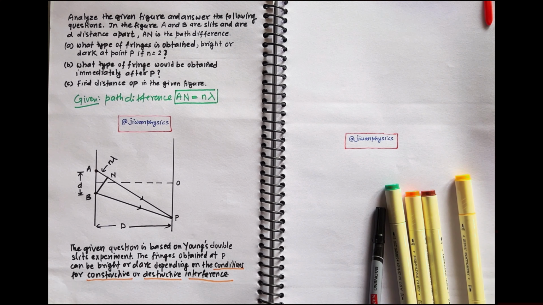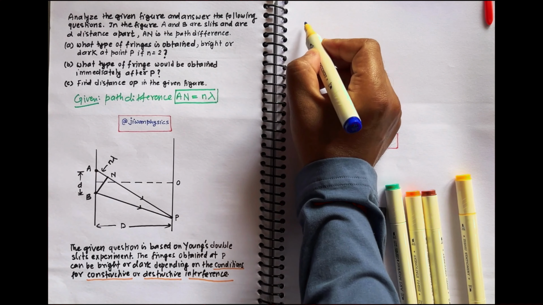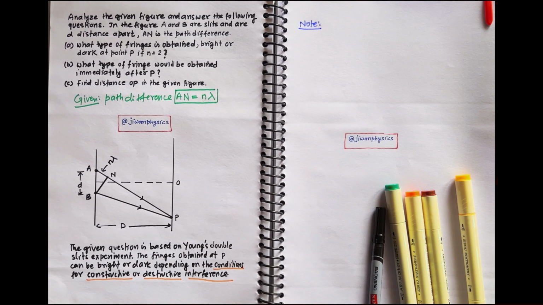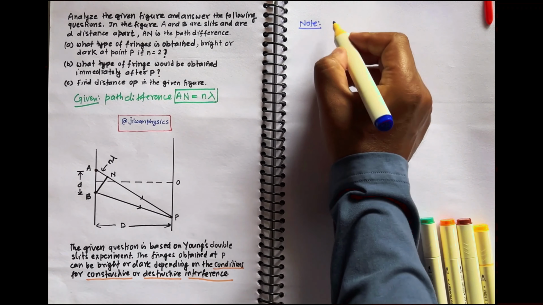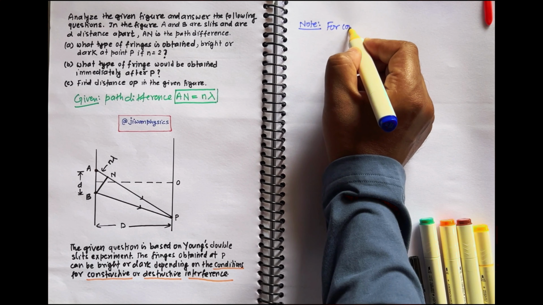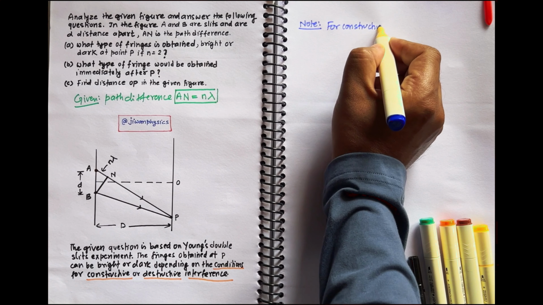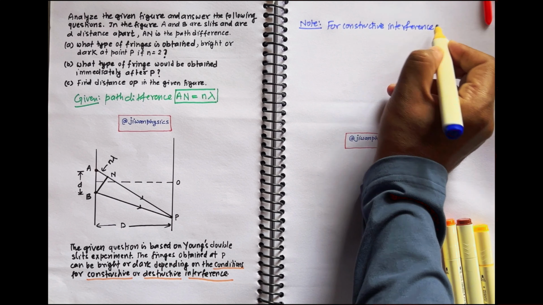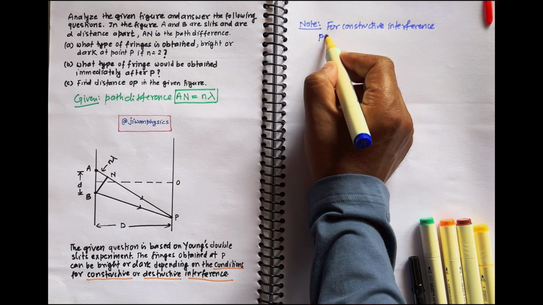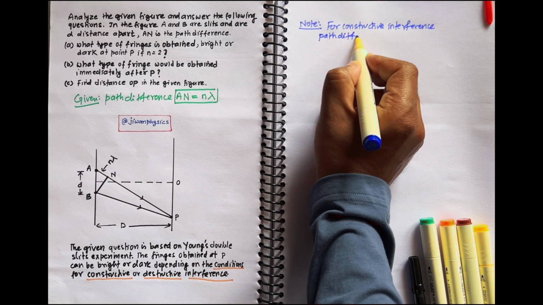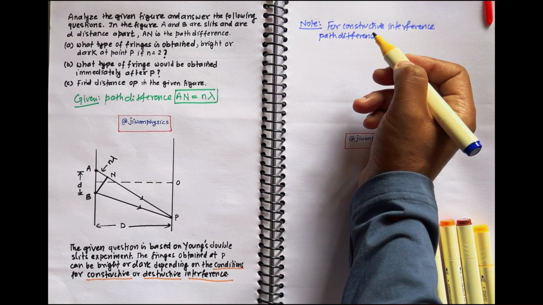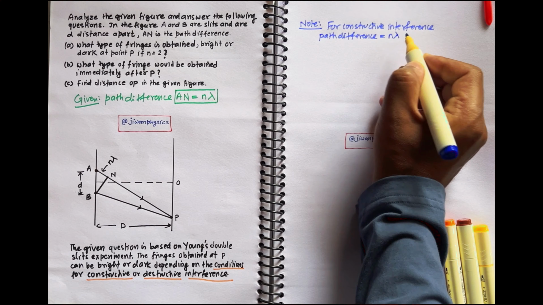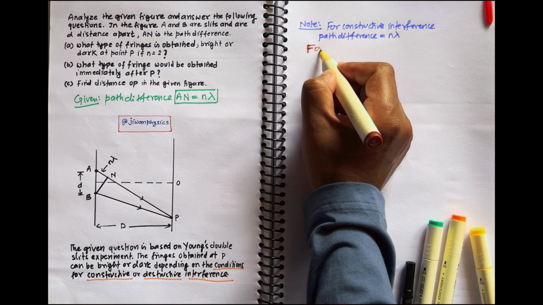Now we know, I'm writing over here, for constructive interference, path difference equals n times lambda.